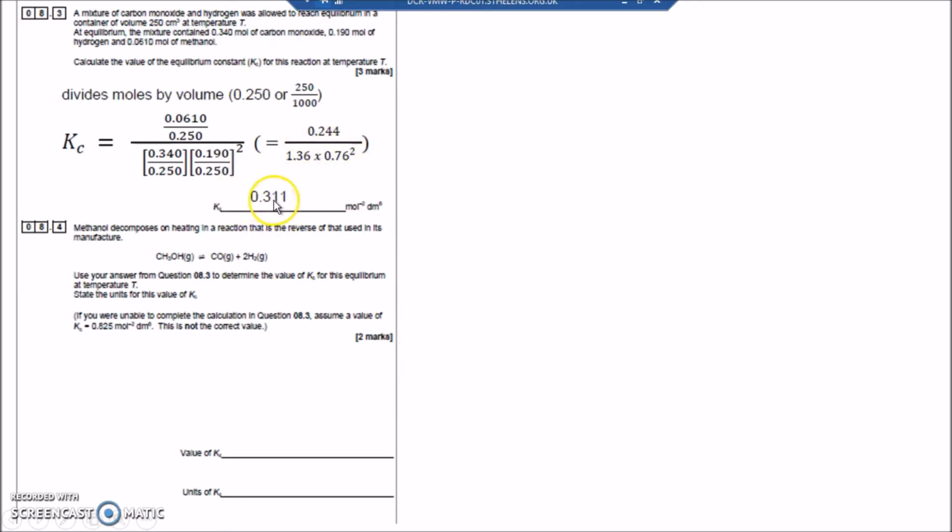So instead of 0.311, it's 1 divided by 0.311. So whatever your answer is to here, 1 divided by that, or you can put all the numbers in again and it comes out as 3.22. What actually happens to the units is, instead of mole to the minus 2 dm to the 6, you reverse the signs now. So if it's upside down, it becomes mole squared dm to the minus 6.